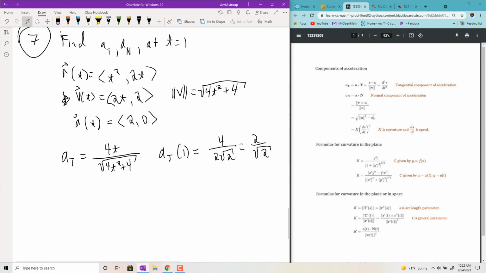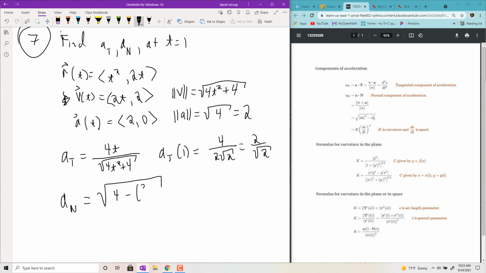And then get the other component. So I'll use the square root formula for that guy, because the magnitude of acceleration is going to be real easy to find. So I have a square root of 4 plus 0, so it's square root of 4, which is 2. So the normal component is just going to be the square root of the magnitude of a squared, so that's 4, minus the a sub t squared.